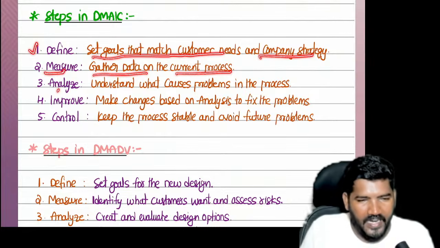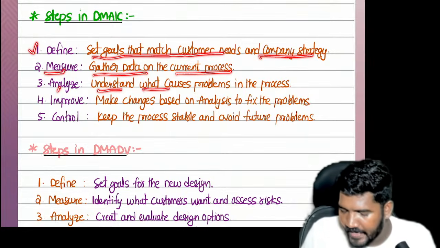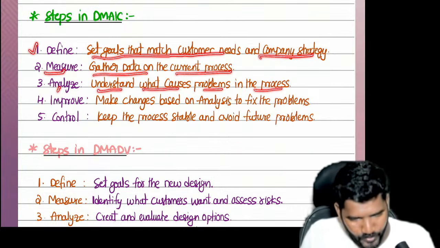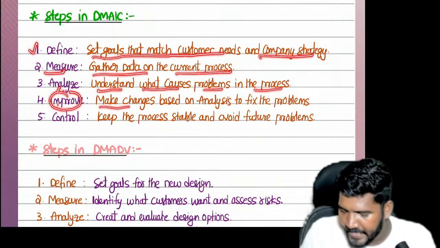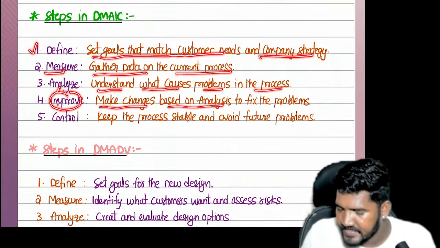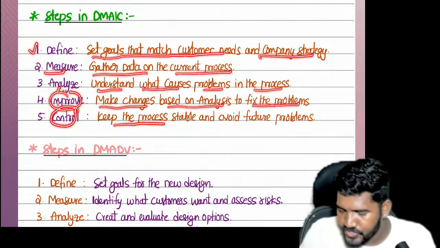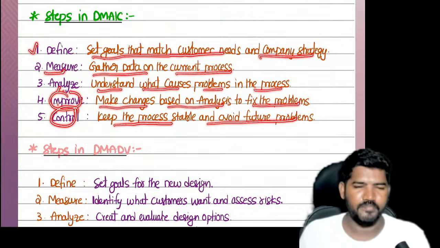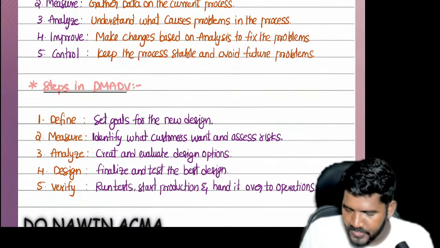Next, analyze: understand what causes problems in the process. After analyzing, you have to improve: make changes based on the analysis to fix the problems. After that, control: keep the process stable and avoid future problems. This is called DMAIC.